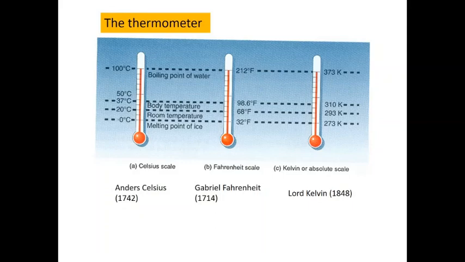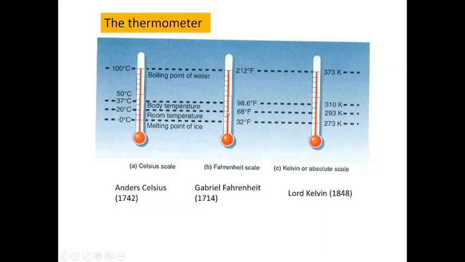But in the US, people use the Fahrenheit scale, in which the melting point of ice is 32 degrees Fahrenheit, and the boiling point of water is 212 degrees Fahrenheit. This was introduced by Gabriel Fahrenheit in 1714.